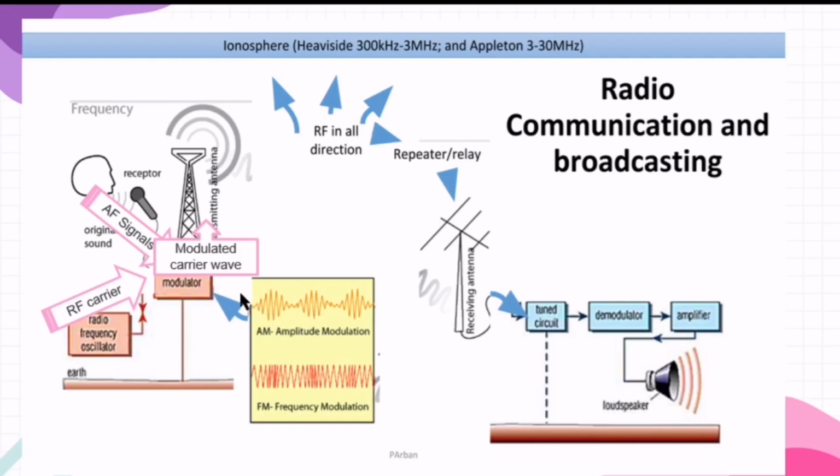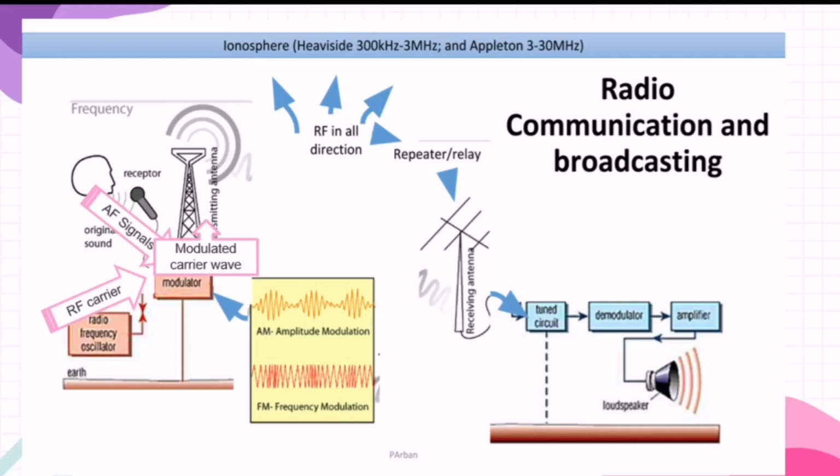Okay, now after the modulation, whichever one the modulator uses, the modulated carrier wave will now be transported to the amplifier, which will magnify its energy. Okay, after the amplification, the amplified modulated carrier wave is produced and it will be transmitted to the transmitting antenna.